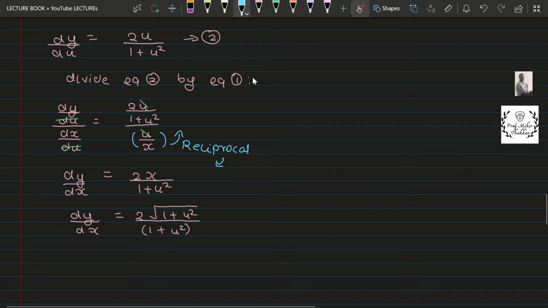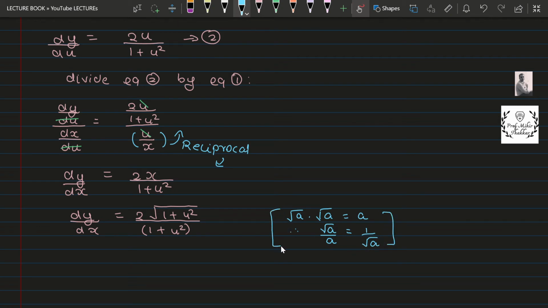Now there is a very important law of indices that we have studied in the indices part: root of a multiplied by root of a is actually a. So suppose if I want to find out the value of root of a upon a, it will become just 1 upon root a.